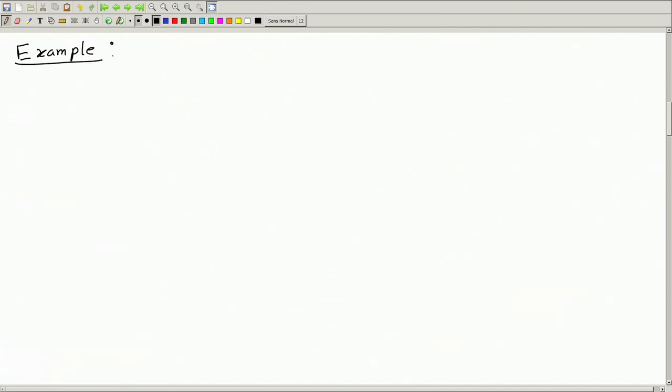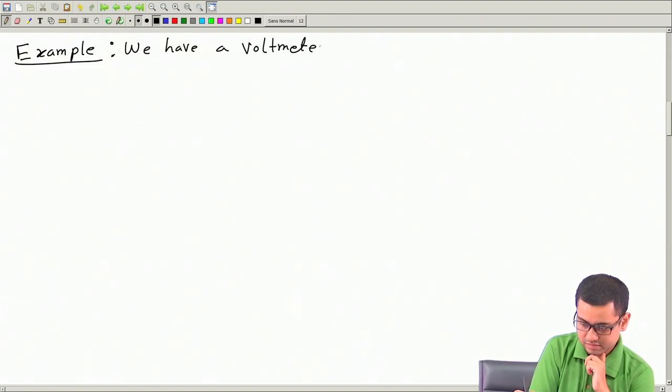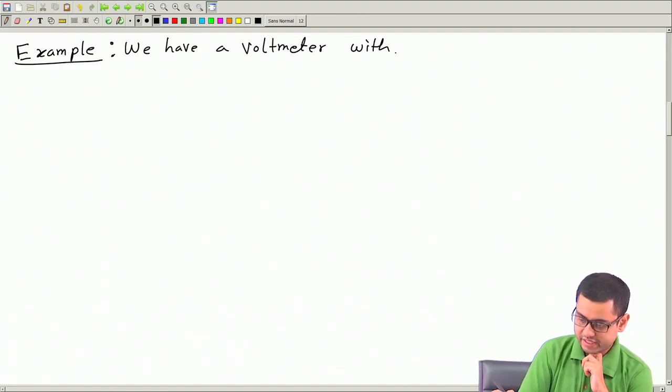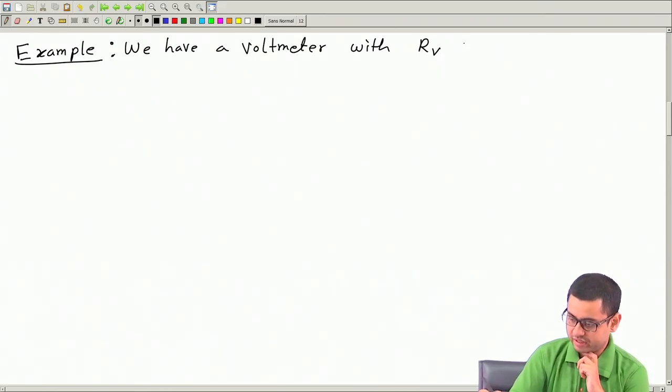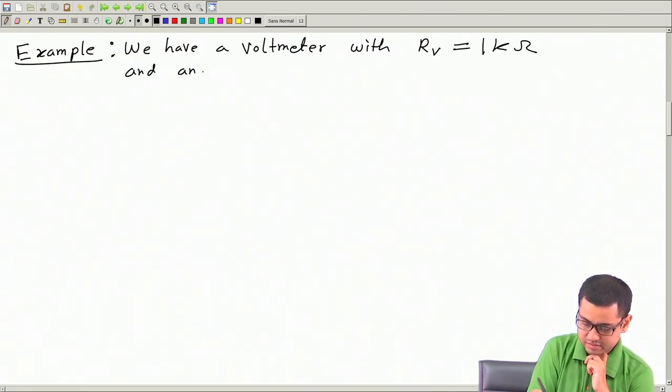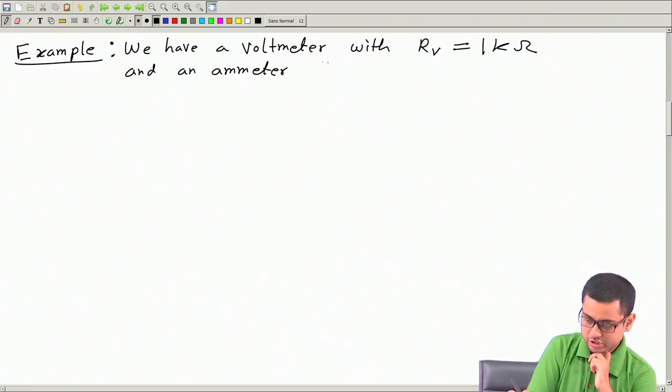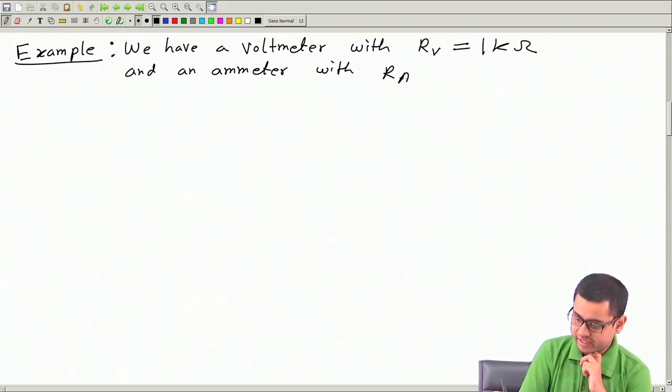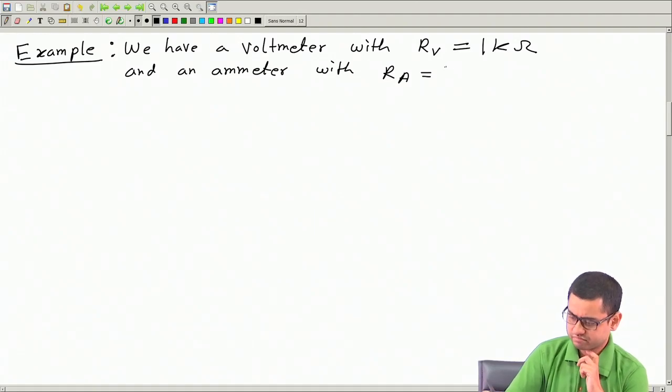Okay. Suppose I have a voltmeter with Rv, internal resistance of the voltmeter, equal to, let's take it 1 kilo ohm, and an ammeter with ammeter resistance Ra equals, say, it should be small, let's take 10 ohm.